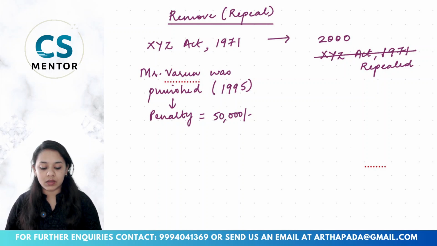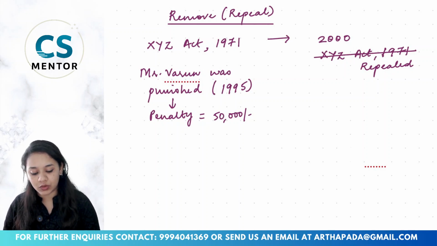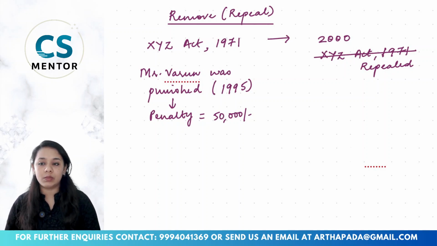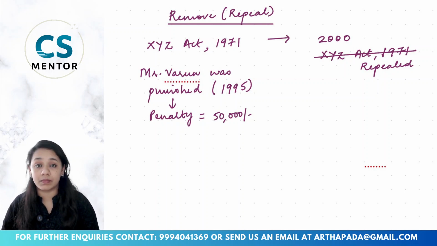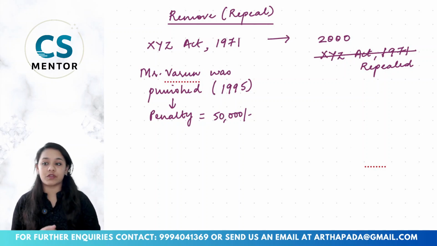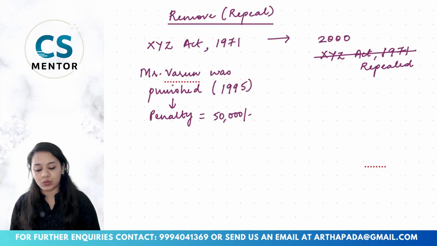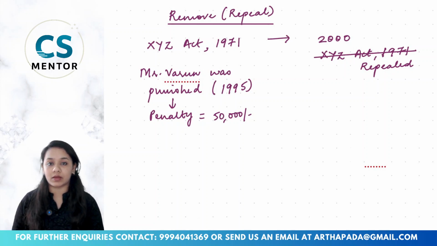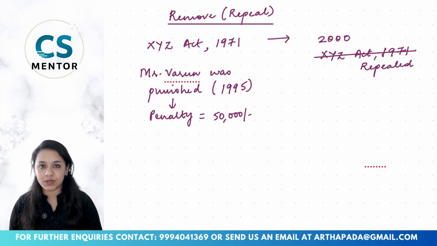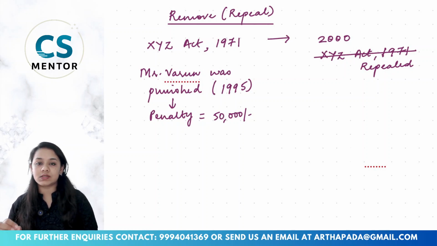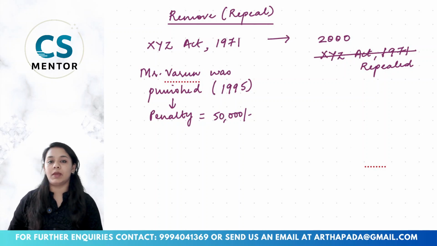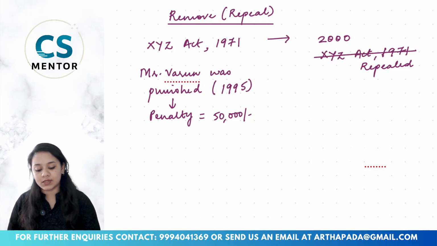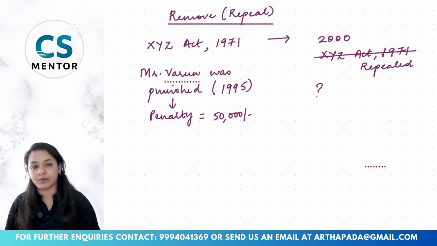Now, in the year 2000, Mr. Varun approaches the court of law, and Mr. Varun is now saying that, see, I was punished for a particular offense under this law, and I would like my money back. I paid 50,000 rupees as a penalty, and since this law is repealed, it is no longer in existence. I would like my money back. Now the question is, can that happen?